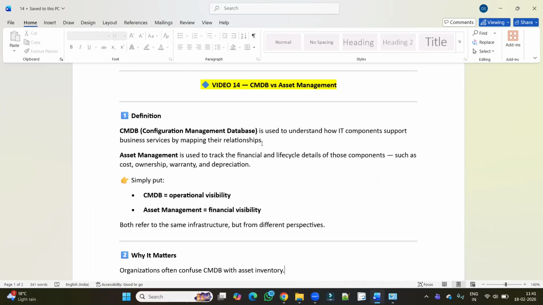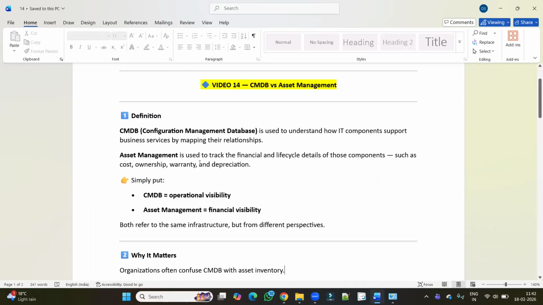If you are able to do that properly, then you will see how one component of IT, which is delivering IT services, is dependent on another component, like how one CI is dependent on another CI, and what the impact is once there is an outage or an issue with a particular CI. So in that case, CI relationship is the most important thing. And that's what the CMDB is doing.